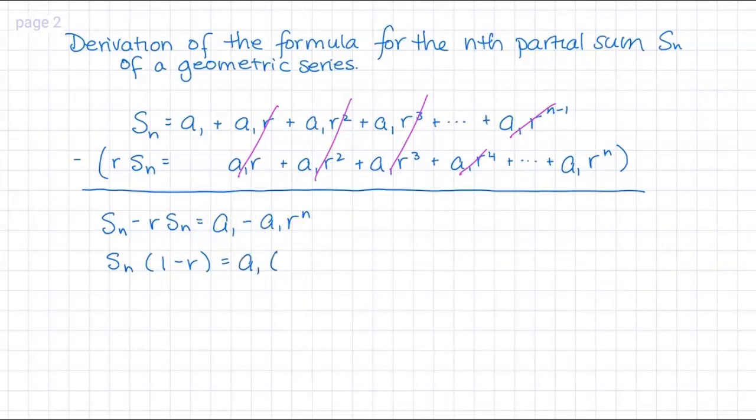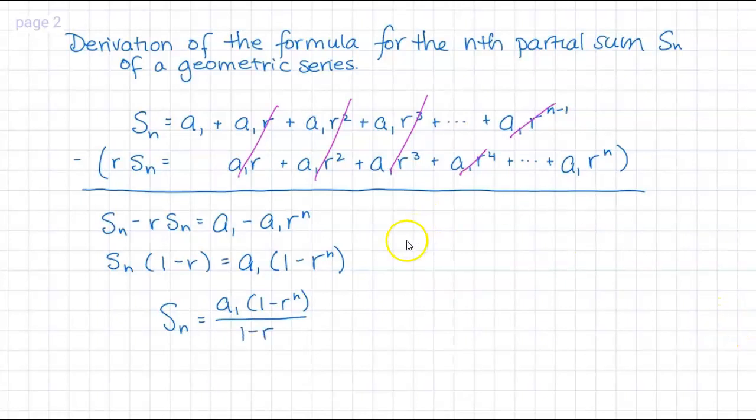So I'm going to factor that out too. And so finally, if I divide, this is the formula for the nth partial sum. So the nth partial sum is the first term times 1 minus r to the nth over 1 minus r.